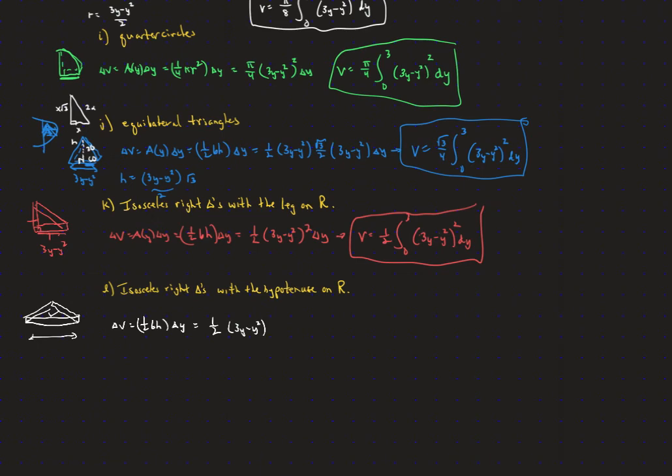Now when we draw in that height, so when we drop in that perpendicular there, since our original had a 45-degree angle there, we just get a small version of a 45, 45, 90. So that means this height is the same as that leg, and that leg is half of our original base. So that's going to be another 1/2 times 3y minus y squared, and then our delta y. So that makes our volume 1/4 times the integral from 0 to 3 of 3y minus y squared dy.